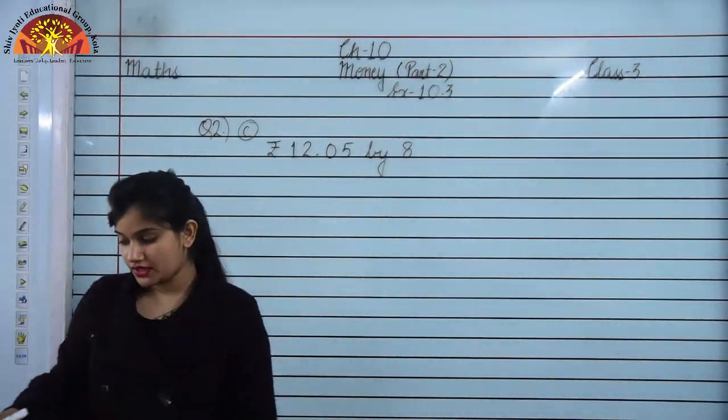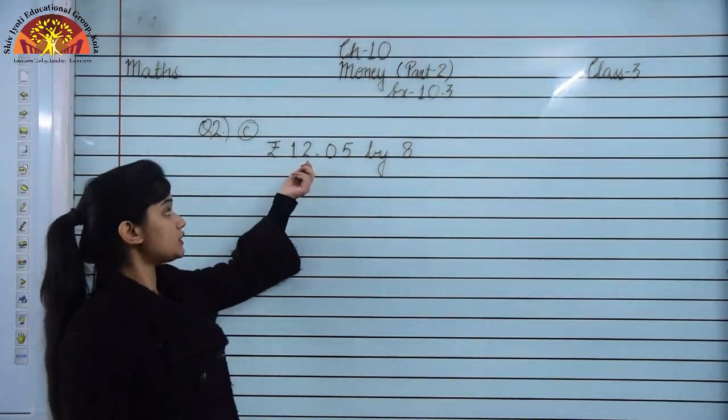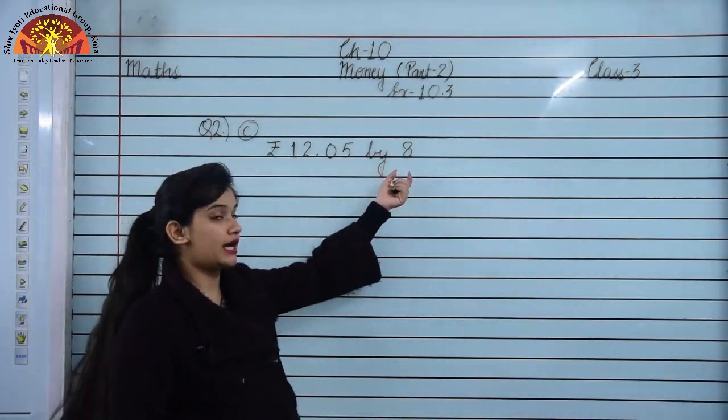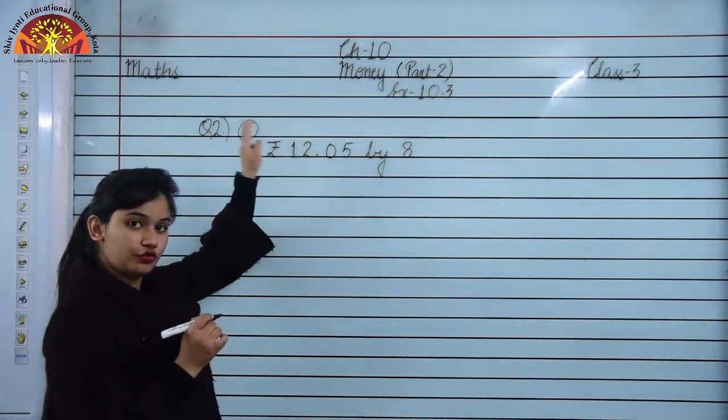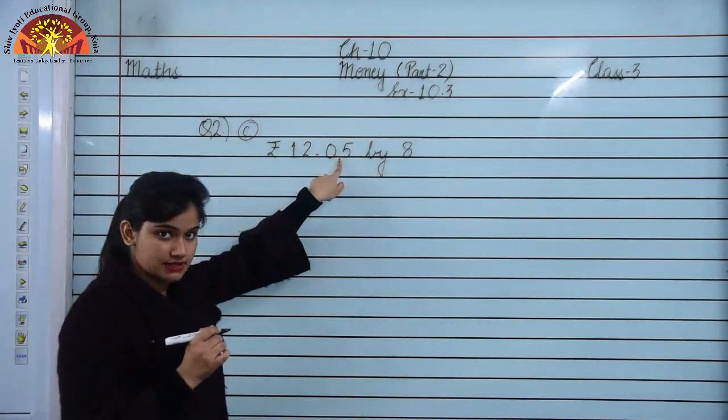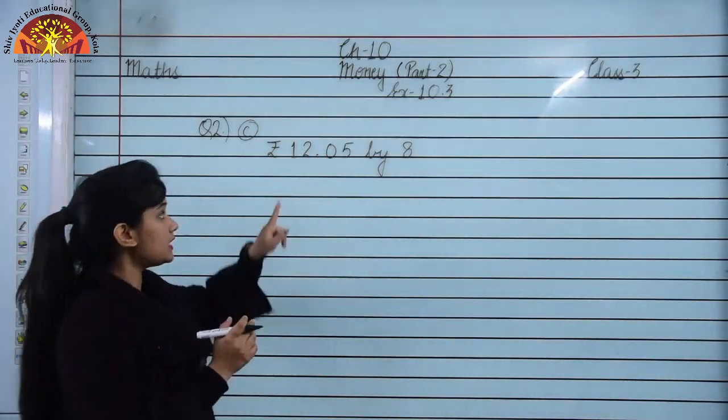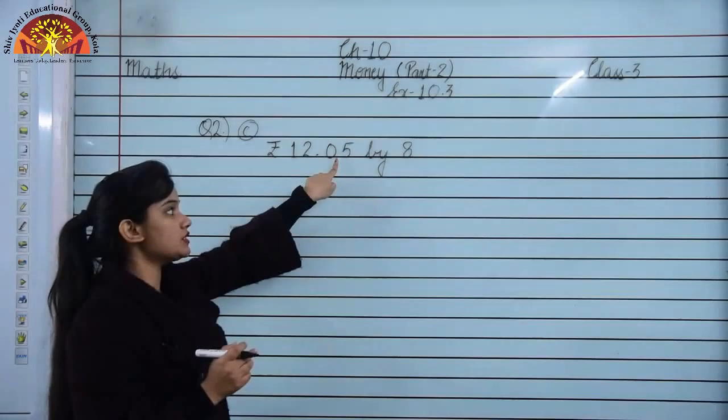So here, students, we have to multiply rupees 12.05 by 8. Now what is this dot showing here? It means 12 rupees and 5 paise. Together we can say rupees 12.05.